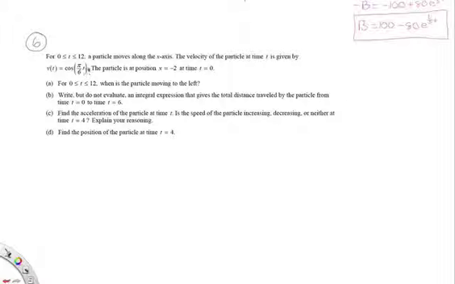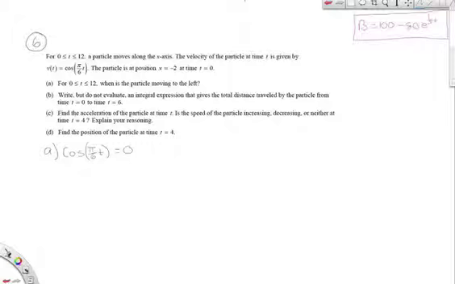I have a velocity equation. I know it's a trigonometry function, but we should be able to make some sense of this. So what I really want to know to start for part A is when is cosine of pi over 6t equal to 0?